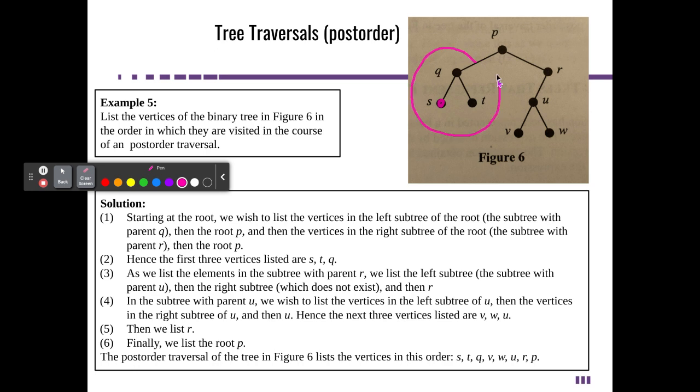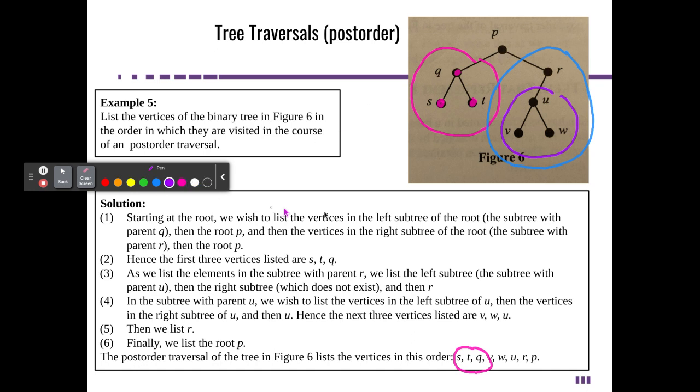We have this subtree of P, and then off of that, we have this larger subtree of P. As we work our way through, we would say S and T and then Q, and so that takes care of that one. Because we don't go up to the vertex or to the root until the very end.